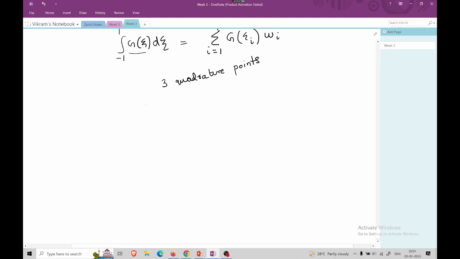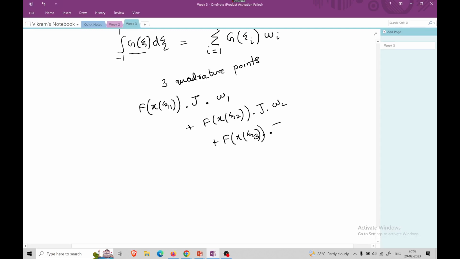Which means F of x of eta 1 into J into w1 plus F of x of eta 2 into J into w2 plus F of x of eta 3 into J into w3.